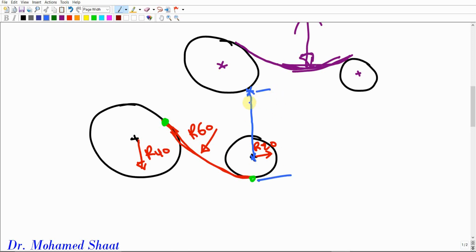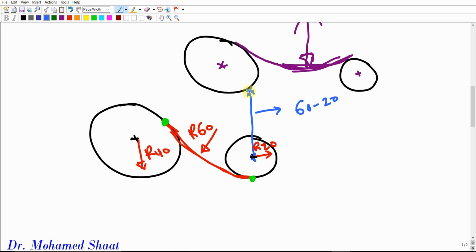It should be the radius of the curve, because if this is the center point of the curve, this long distance should be 60, right? So how about the short distance, which is this one? It should be 60 minus this small portion. This small portion is 20. So this distance should be 60 minus 20.